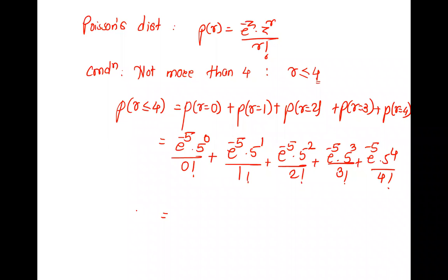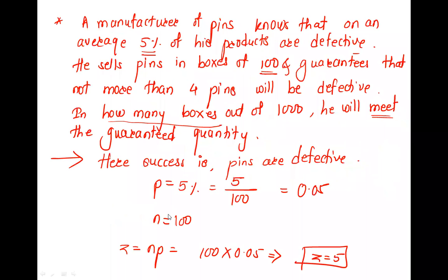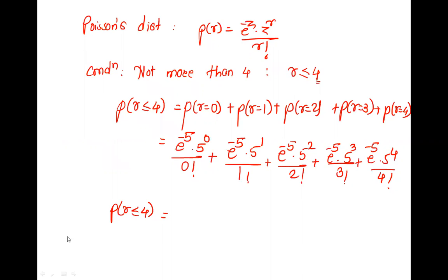You can tell me the direct answer finally. Please solve this. And it is not asked for probability, it is asked how many boxes out of 1,000. So what is your capital N here? 1000. Right. Okay, good. Solve this first.